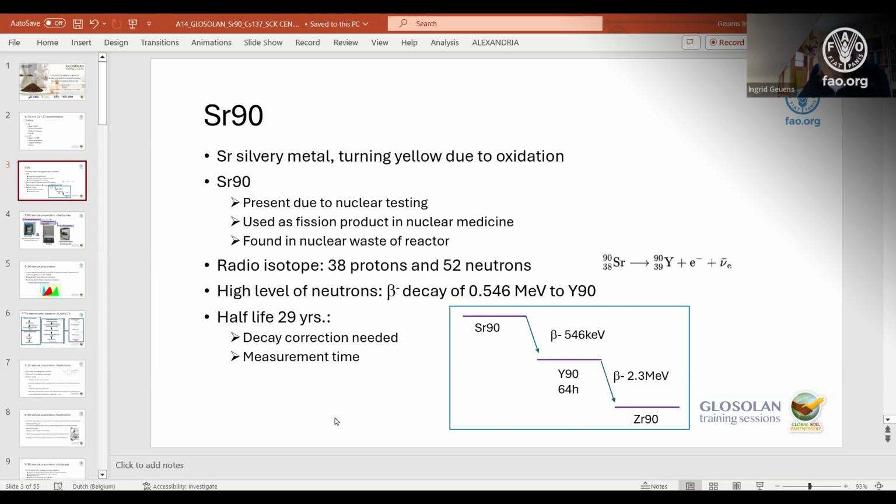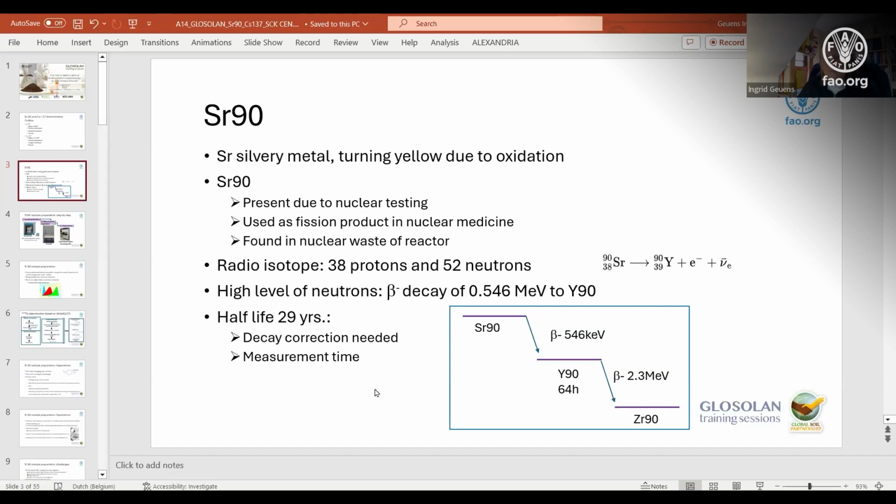Do you still remember, because this is now a beta emitter, what we have to do as protection for beta emission? Any ideas? I'm looking to the chat, Ingrid. I'm already very happy that so far we can hear and see everything. Okay. And I hear you back. Yeah, so that's also good.